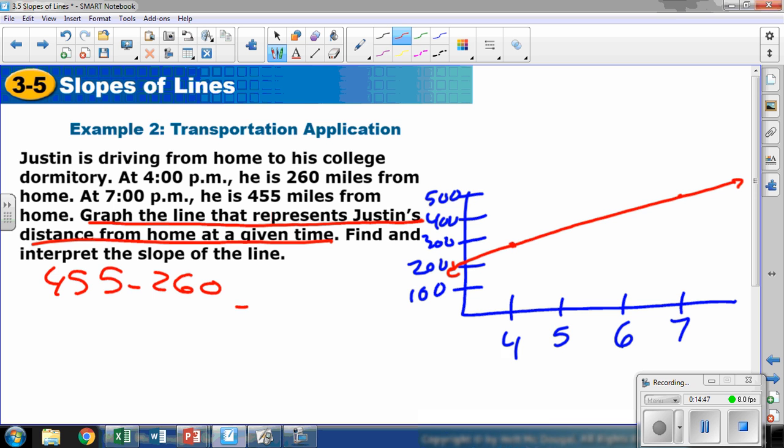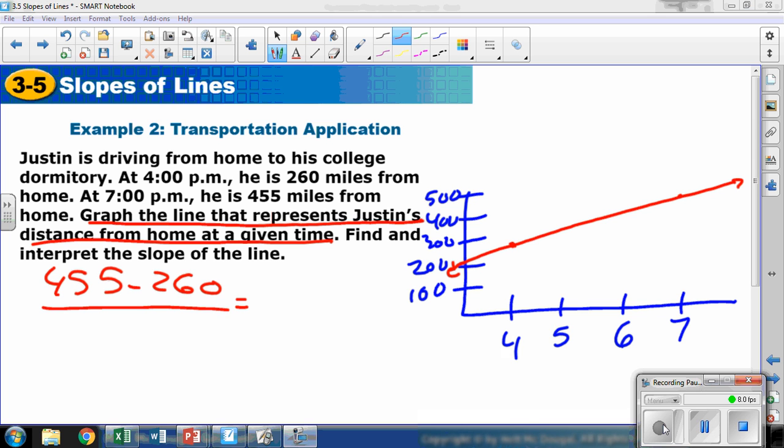Well, what's that number? Okay, that's 195 miles. And 7 minus 4, there's 3. And 195 divided by 3 equals 65.